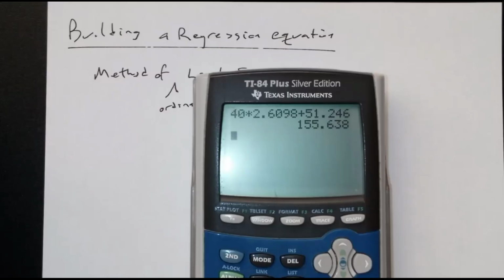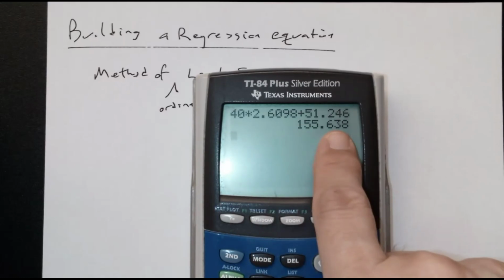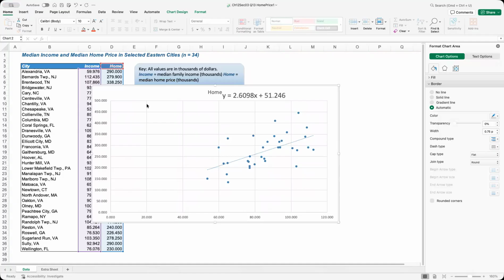Right, wrong. Did I enter it wrong? $40,000 times my slope, why do you only put 40? Because back here, you said it was in the thousands. Since they're both in thousands, if I put in the number as 40 rather than 40,000, then I'd have 40,000 times 2.6 plus 51, which is already in thousands.